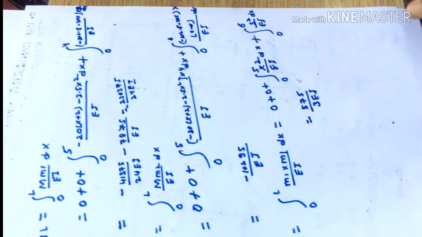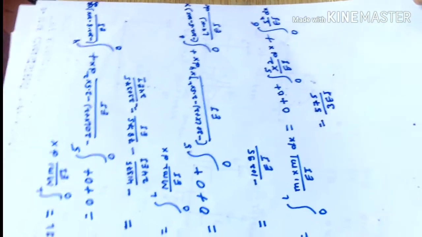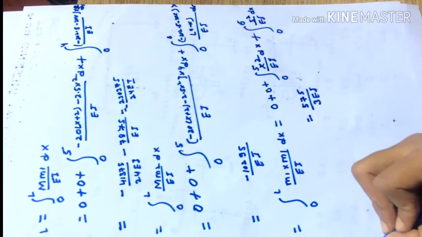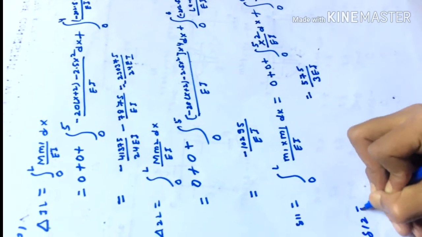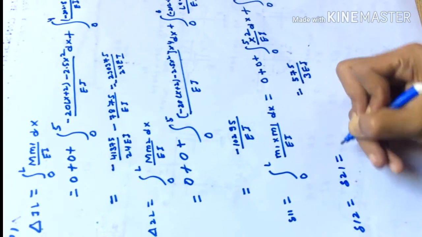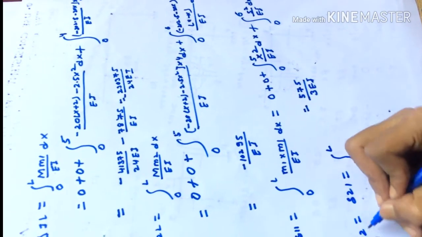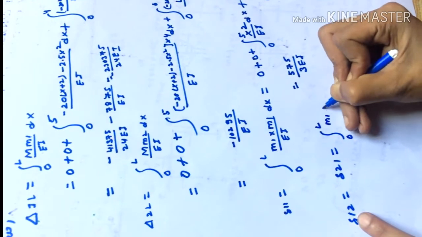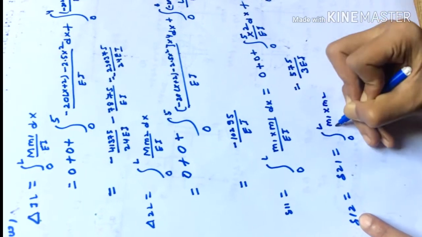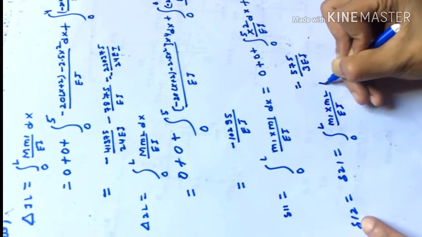Also, what we have to calculate to use compatibility equation is del 12. Here del 12 is equal to del 21 is equal to integral 0 to L of m1 multiplied by m2 divided by EI dx.